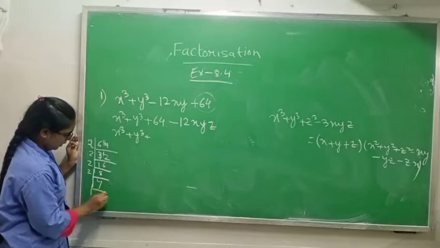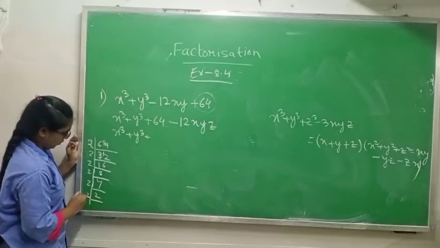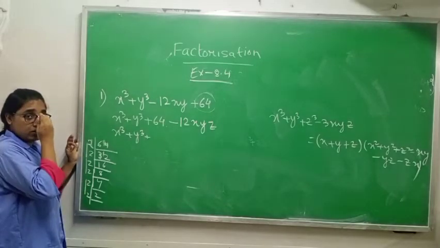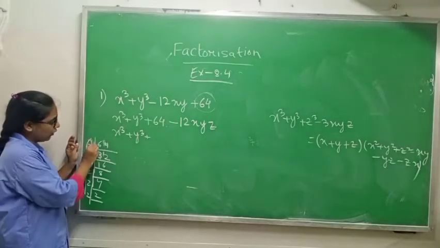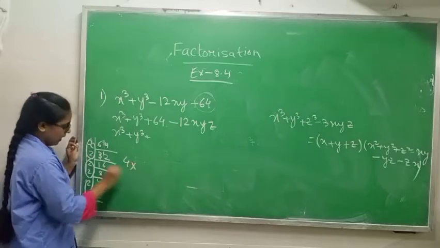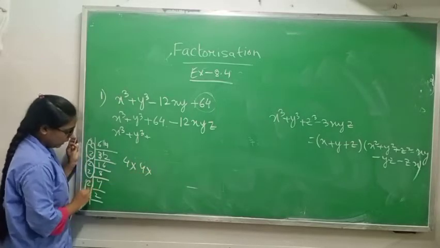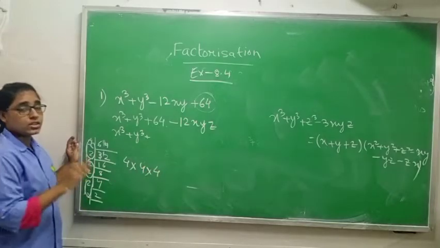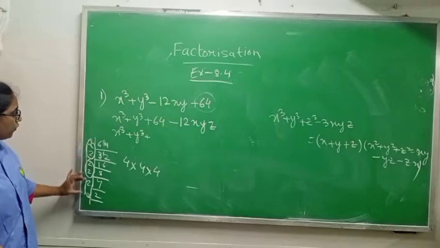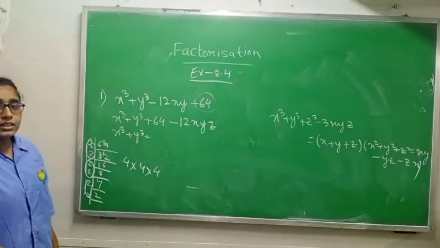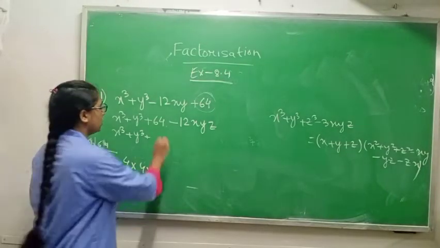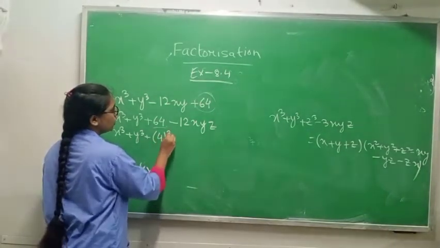Now you can see 2 is there 6 times, so you can take pairs of 2, 2: 2 2's are 4, again 4, and again 4. You have to make 64 such that it becomes a cube. If I take 4, 4, 4, three times, then we will get 64: 4 4's are 16, 16 4's are 64. So in place of 64 I can write 4 cube.